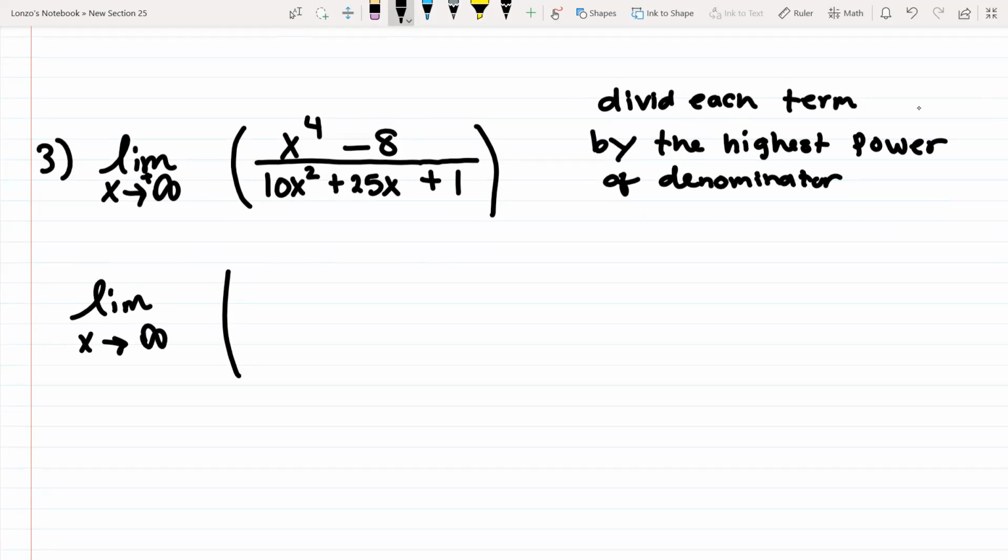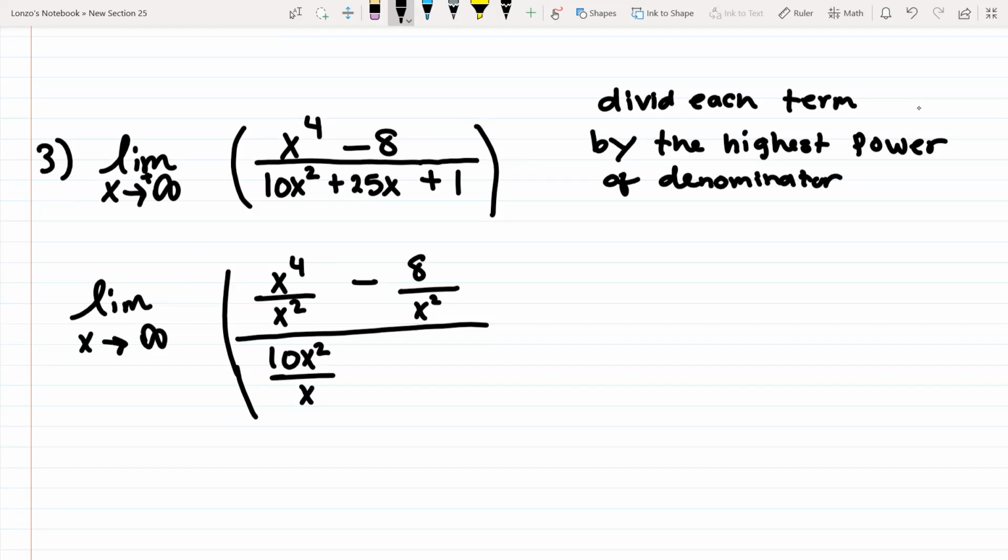And then this is going to be x fourth over x squared minus 8 over x squared, all over 10x squared over x squared plus 25x over x squared plus 1 over x squared.